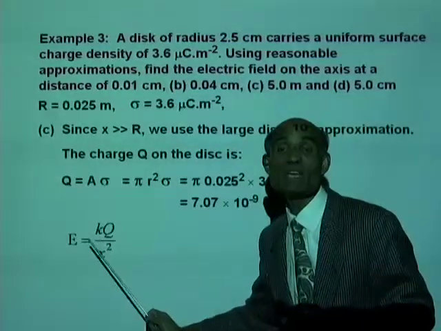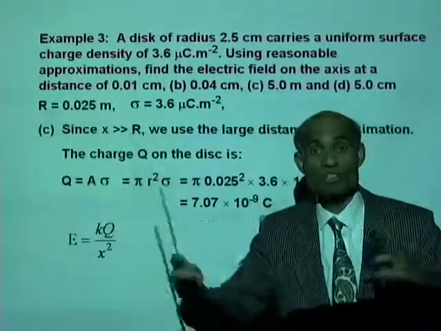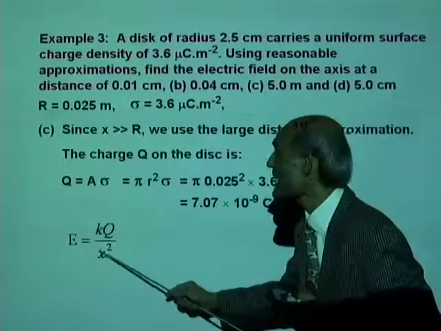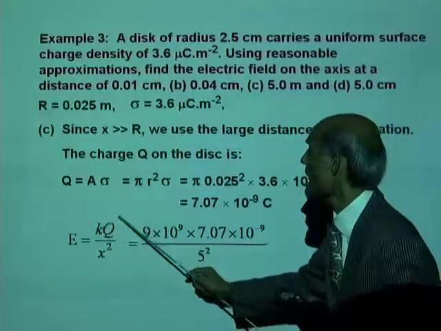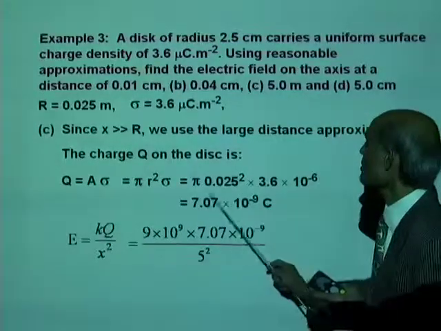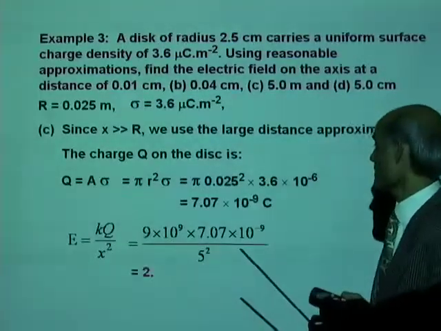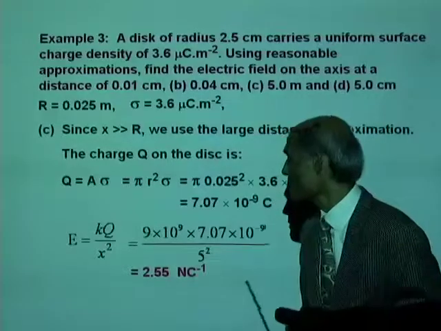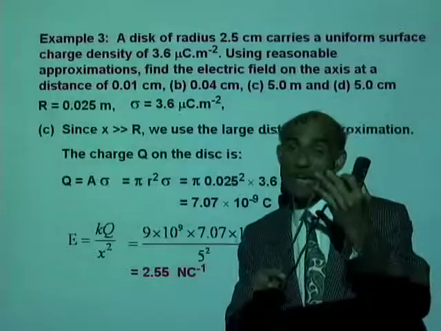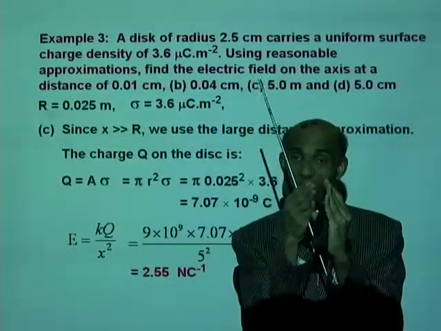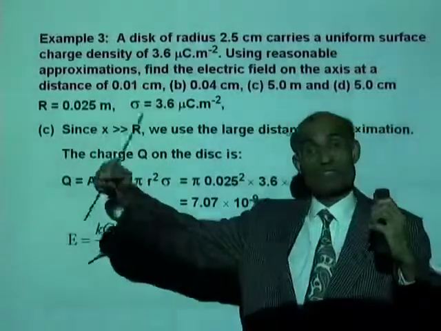And we will use the approximation for large distances, which is the point charge formula. E equal to kQ over x squared. That is 9 times 10 to the 9 is k. Q is 7.07 times 10 to the negative 9, and x equal to 5, and that is 2.55 Newton per coulomb. So we used in two cases the close approximation when x is very small, and in the third case x is very large.